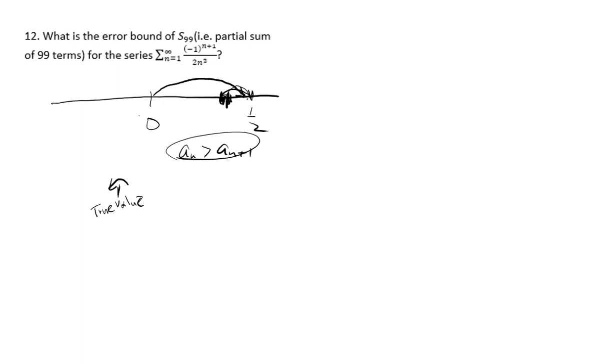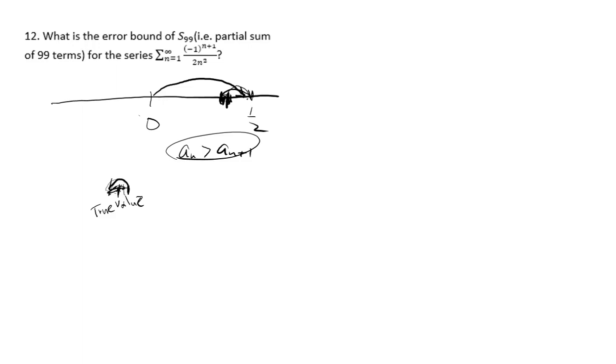If we say there's a true value, then the alternating series always passes it by, passes it by, passes it by. That's how it works. So your error will always be less than the distance of the jump of the next one.